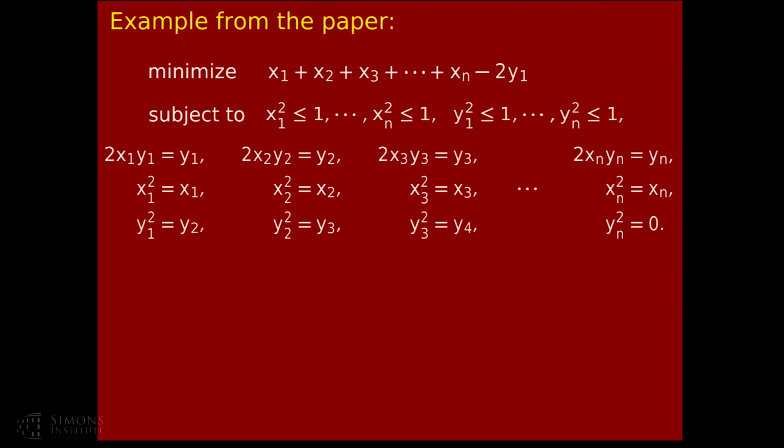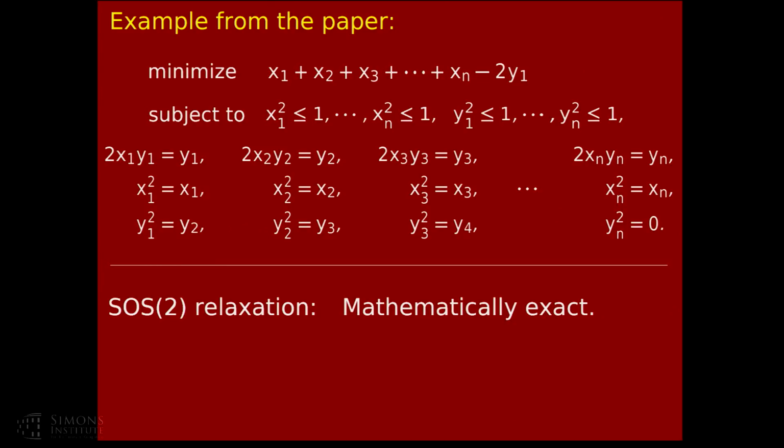In the paper, I won't go over this, but I just wanted to put it on the slide. I give an explicit example where you have a degree 2 polynomial optimization problem, quite simple degree 2 constraints, a degree 1 objective function, and it includes all the constraints. There are 2n variables here, but they're all bounded between -1 and 1. And this optimization problem has the property that the SOS degree 2 relaxation is mathematically exact.